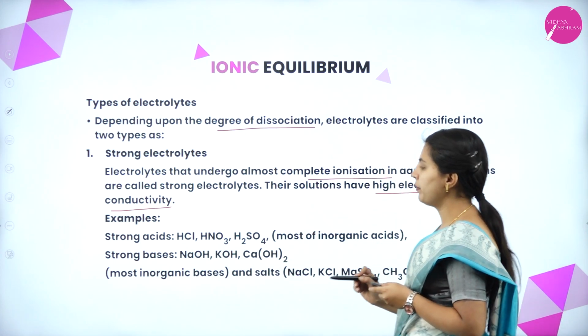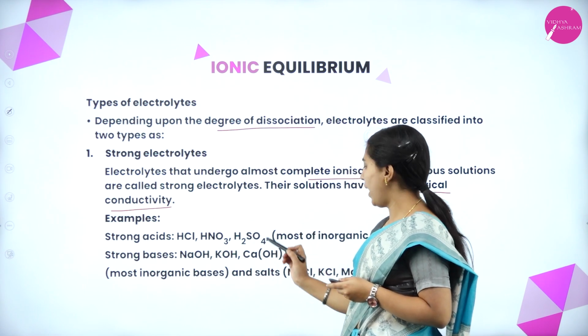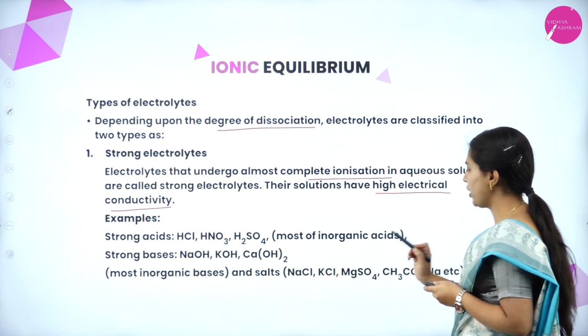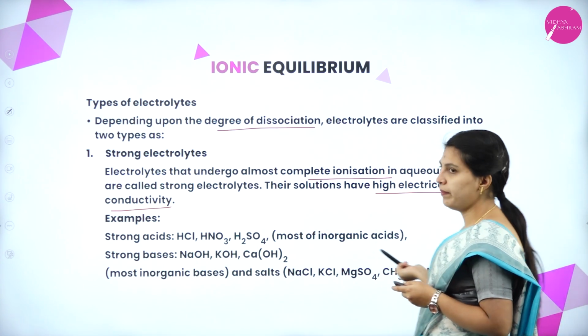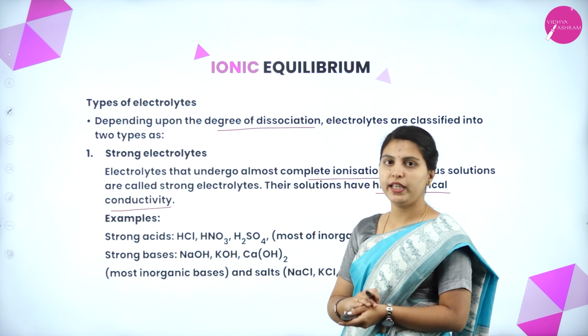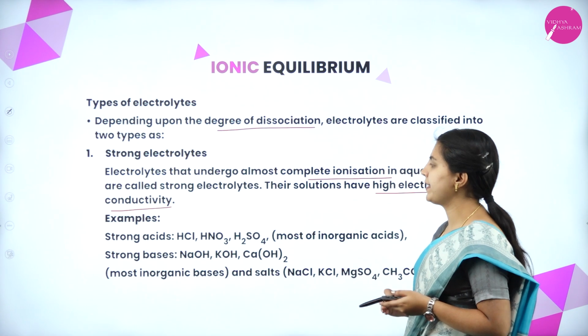Strong bases: sodium hydroxide, potassium hydroxide and calcium hydroxide. And salts: sodium chloride, potassium chloride, magnesium sulfate and sodium acetate, which is also a salt, and most other salts. These are the explanation of strong electrolytes and their examples.